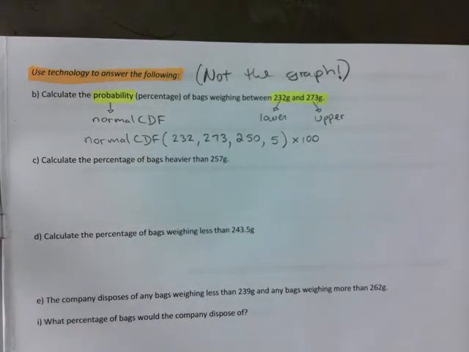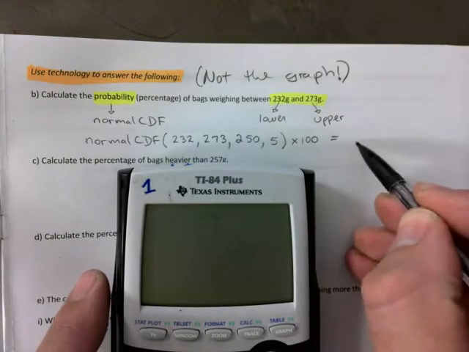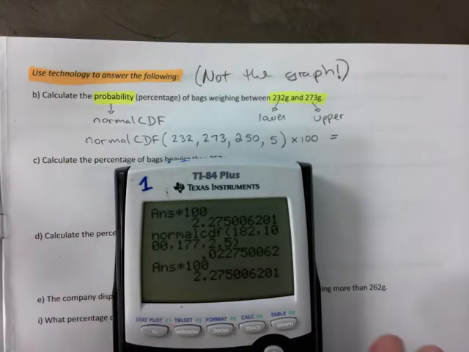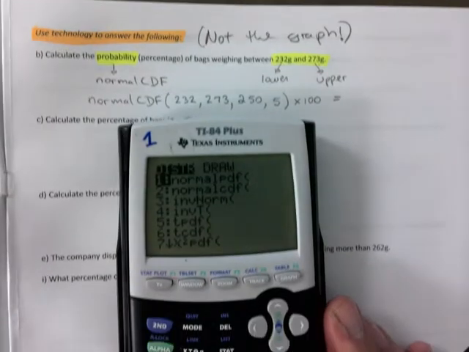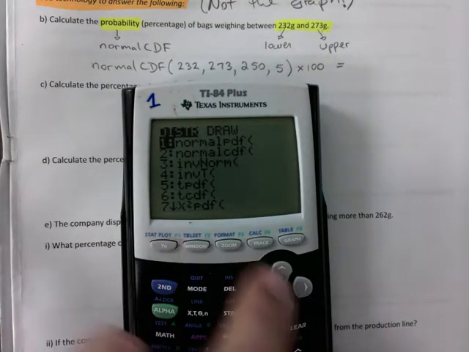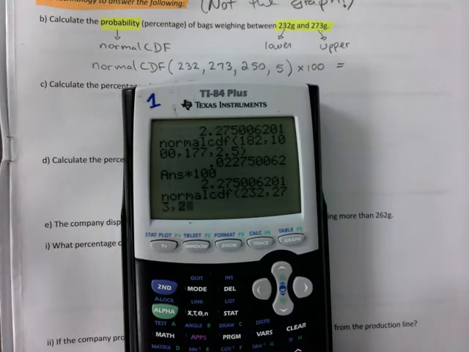And watch this. I multiply that answer by 100, because as it stands, it will give you a decimal. You want to go get your percentage. So we're going to go, right? We're going to find that answer. So how do you get that again? It's second vars. You got to press second vars. Vars is right next to clear. And then select normal CDF. And then it's 232, comma, 273, comma, 250, comma, 5.